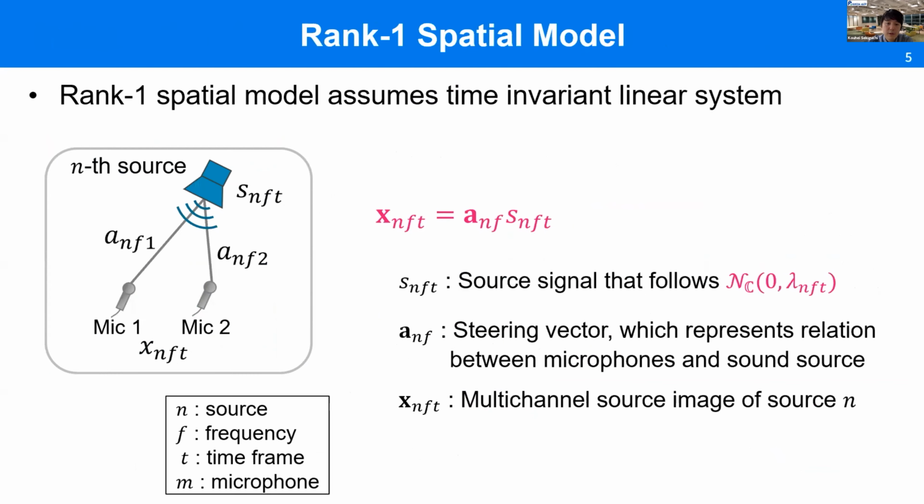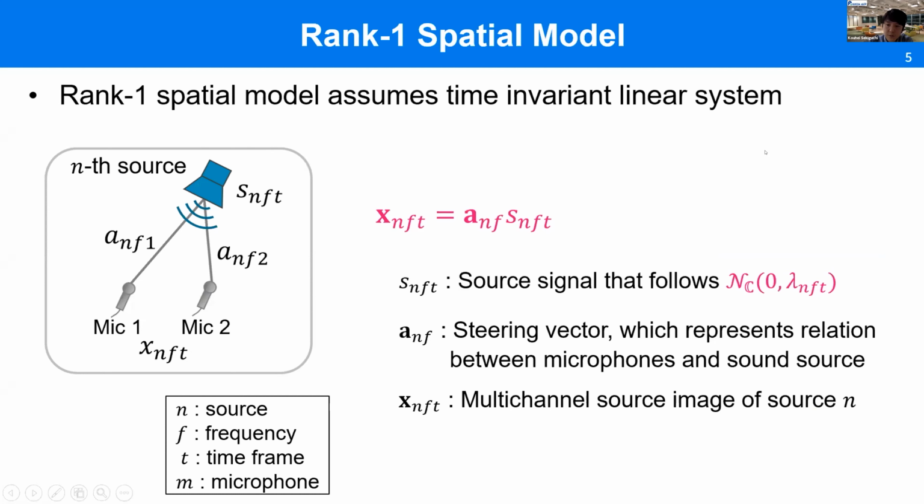In the rank 1 spatial model, a time-invariant linear system is assumed. So the multi-channel source image X_NFT is represented by this expression. S_NFT is the n-th source signal, and A_NF is called a steering vector and represents the sound propagation process between the n-th sound source and the microphones.